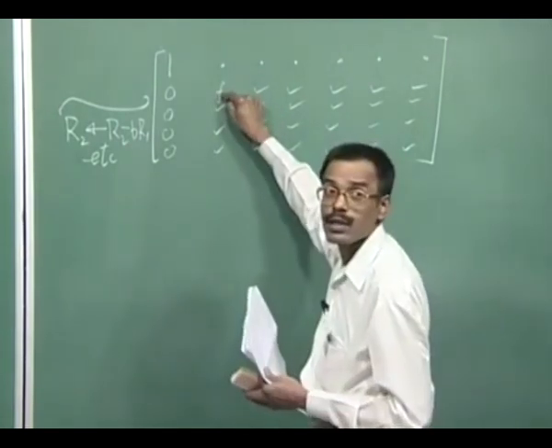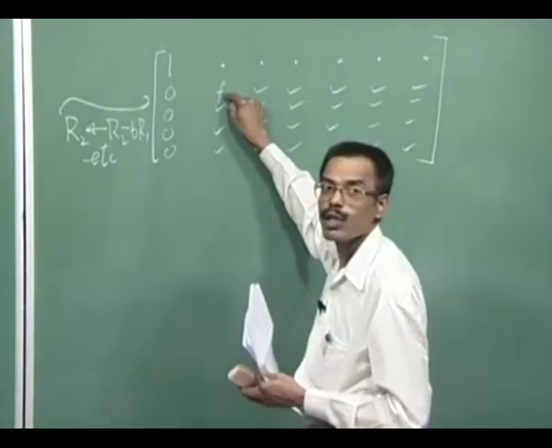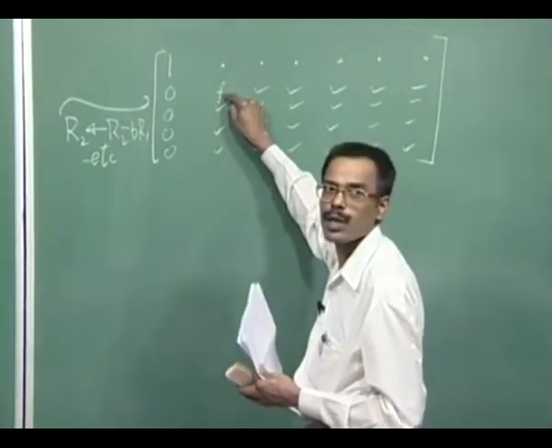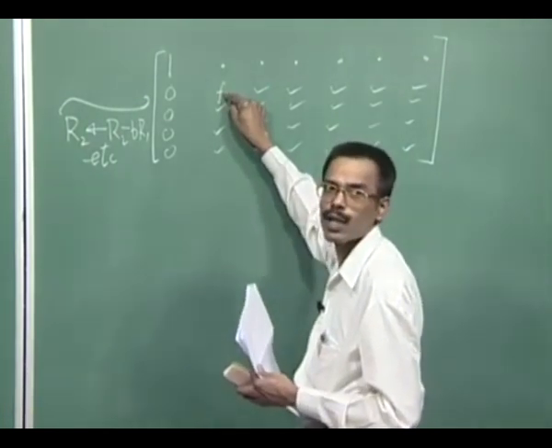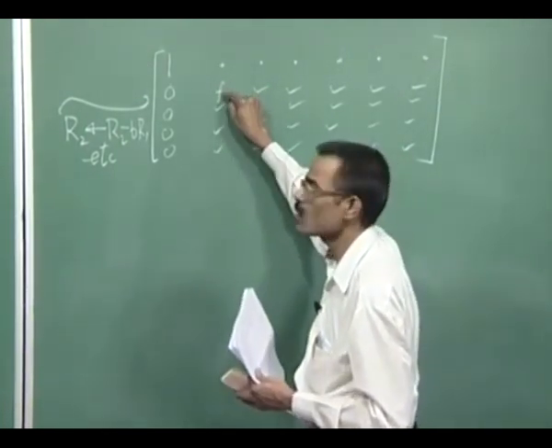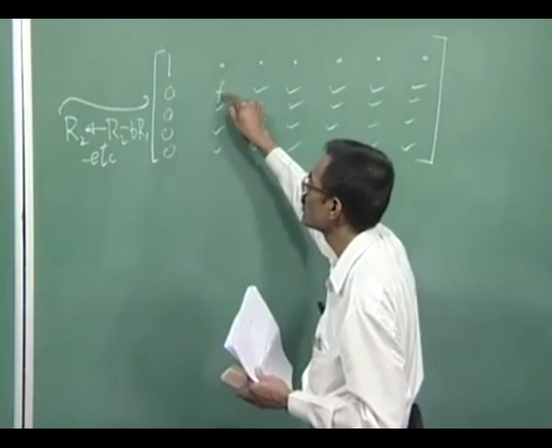We wanted a 1 here. See, if it is 0, then we cannot get a 1 here by just dividing, because whatever you divide 0 by, you will get 0 only. So, if it is a non-zero number, then we can divide by this number to get a 1 here.